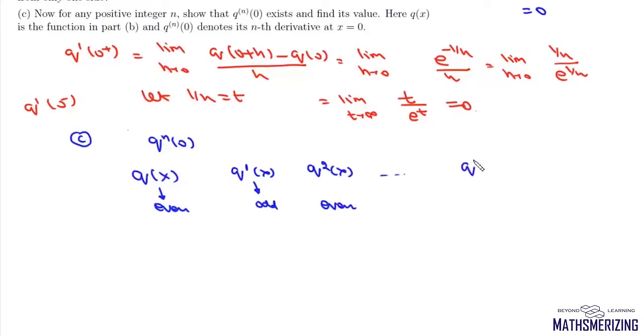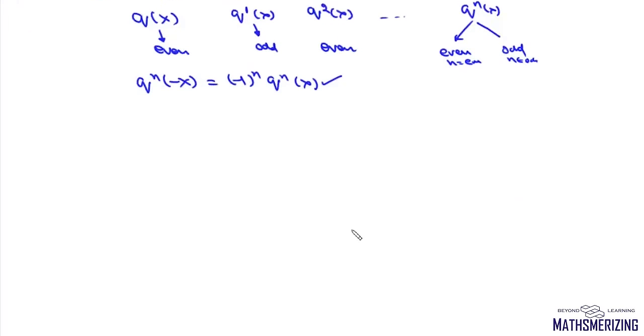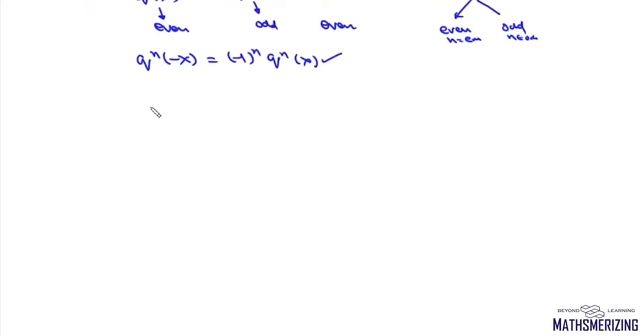So we can say this q^(n)(x) will be even when n is even, and will be an odd function when n is an odd number. So we can simply write q^(n)(minus x) will be minus 1 to the power n q^(n)(x).